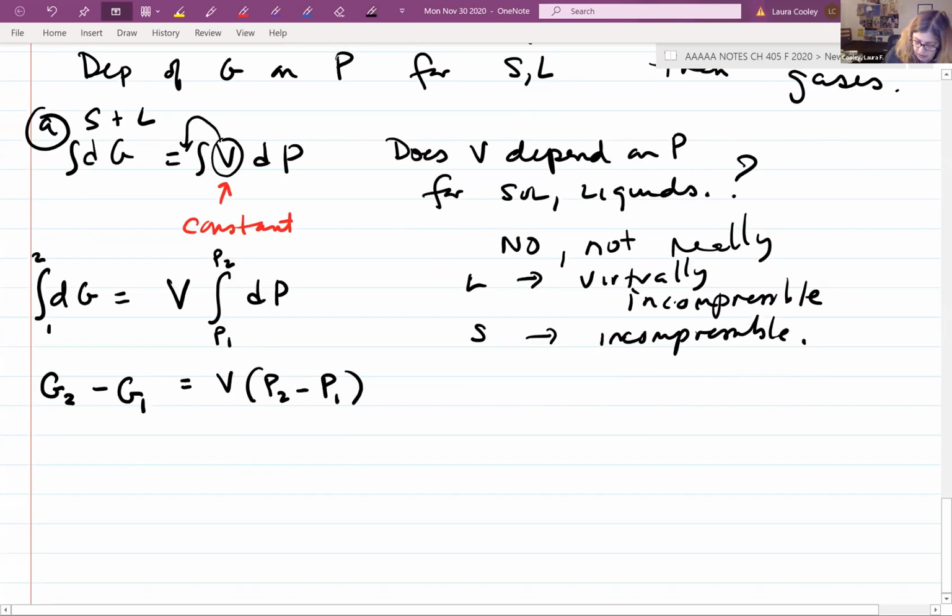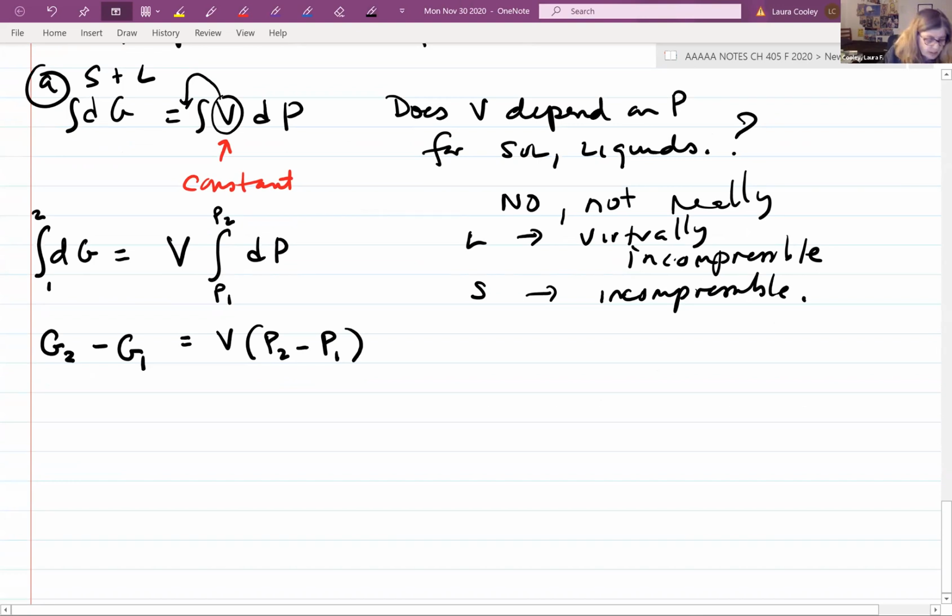Okay, now this does not look like an earth-shattering equation. It doesn't even look like it has all that much information in it. But let me tell you what we do with this. So we let G1 equal the standard Gibbs free energy, meaning the Gibbs free energy at the standard pressure of 1 bar.